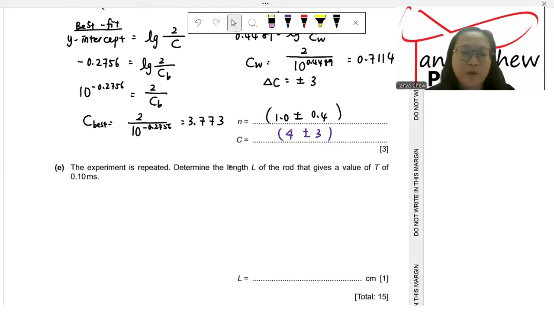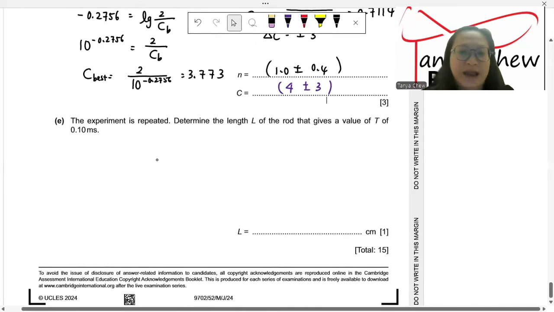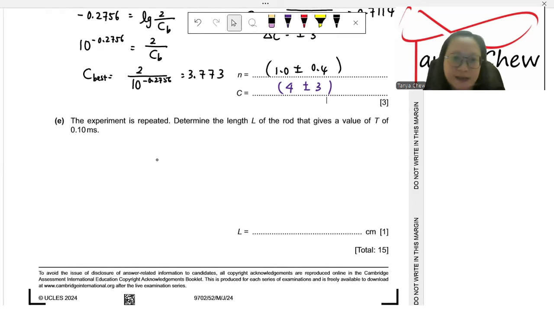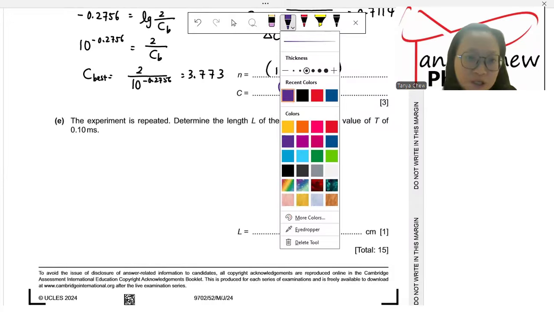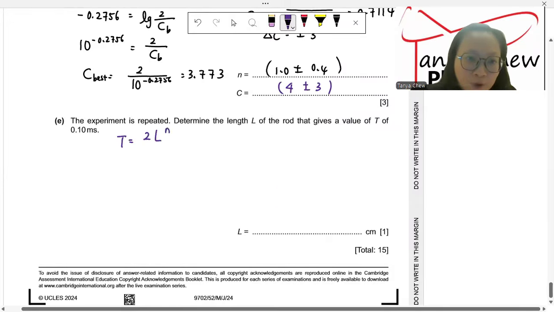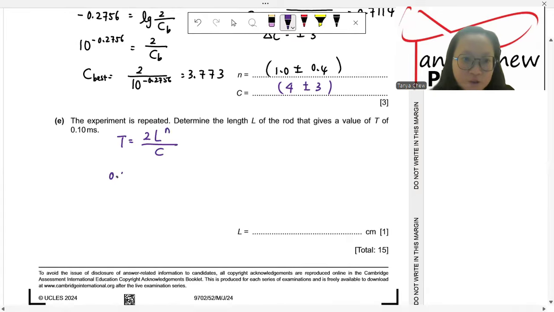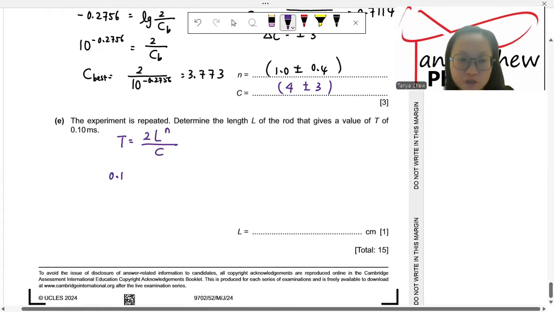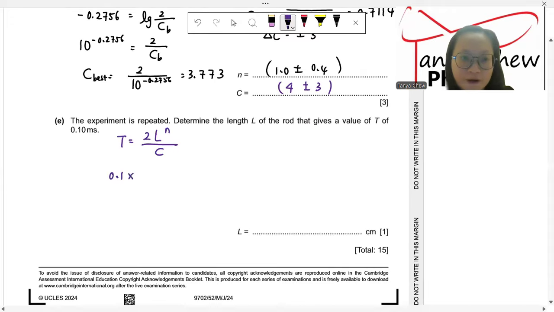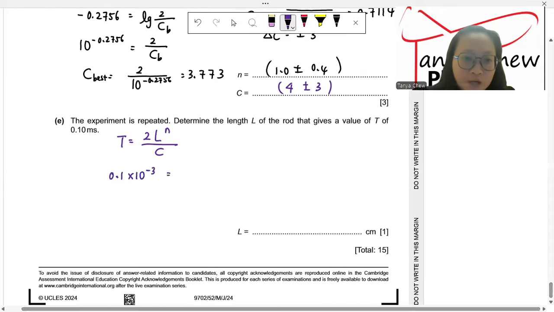So E, the experiment is repeated, determine the length L of the rod that gives a value of T of 0.1 millisecond. For this question, part E, usually you need to use back the equation that they suggested. T is equal to 2L to the power of N divided by C. T is given as 0.1 millisecond, which I change to seconds, times 10 to the power negative 3.